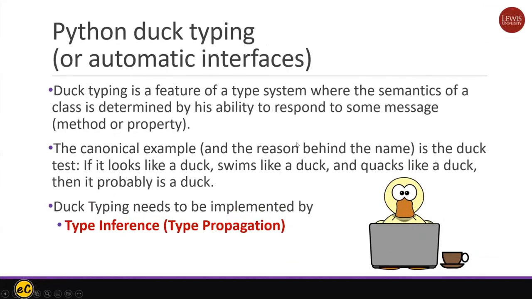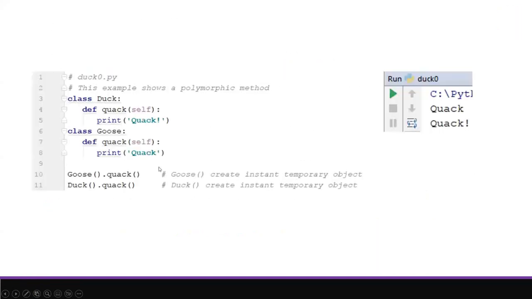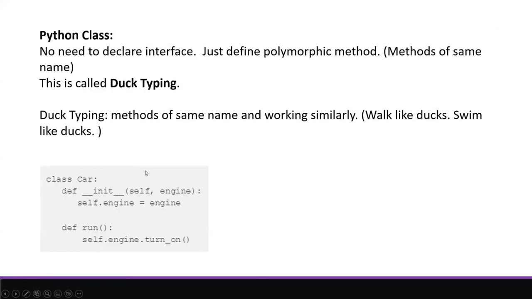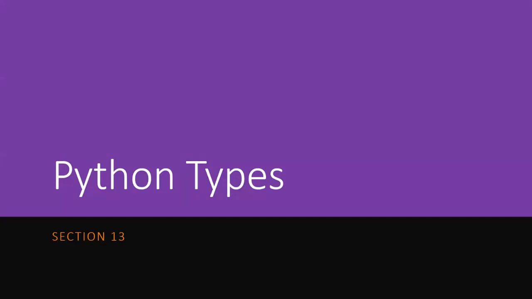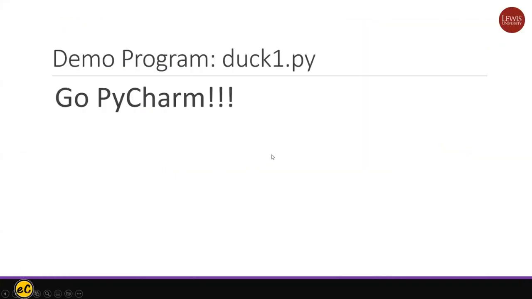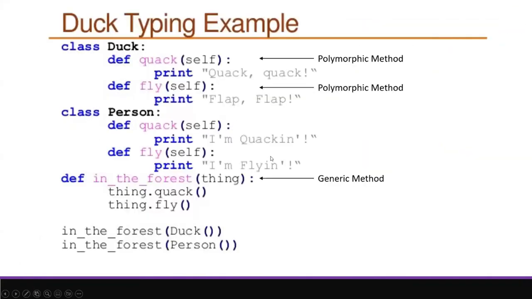Duck typing is dynamic typing because in duck typing, you assume you don't know what type it is. You assume you do not know what this thing is. It actually determines the type, whether it's a duck or a person, at runtime.